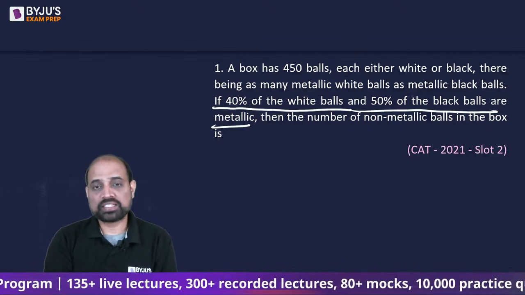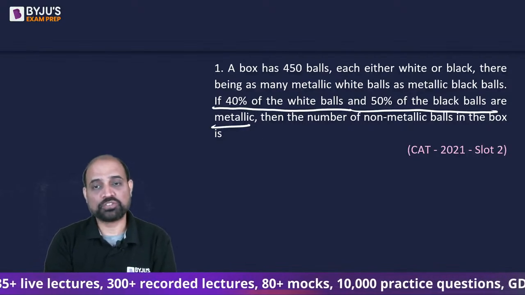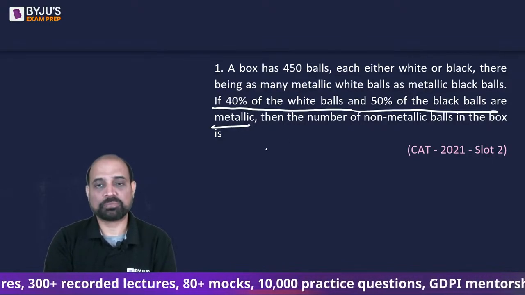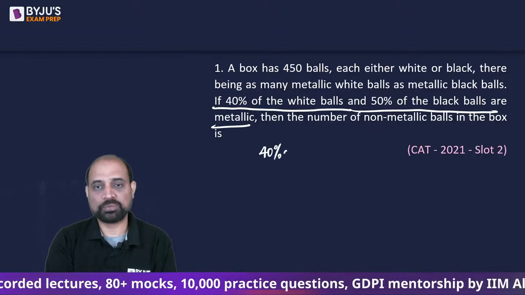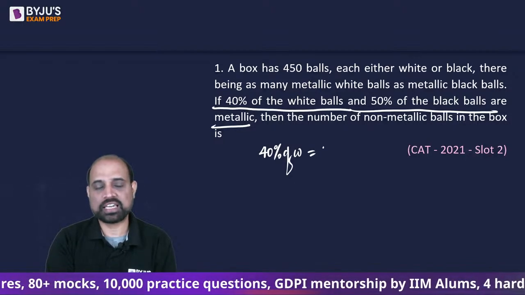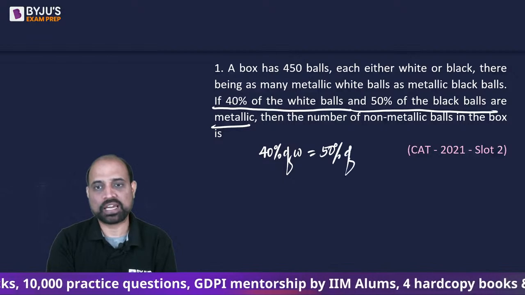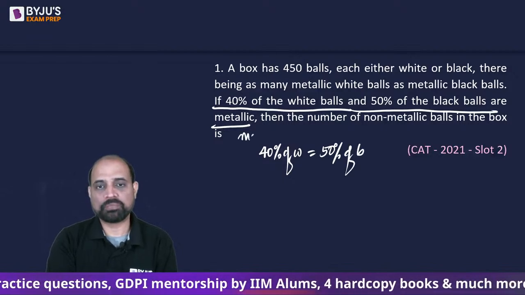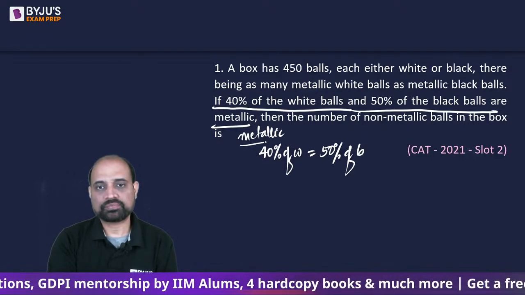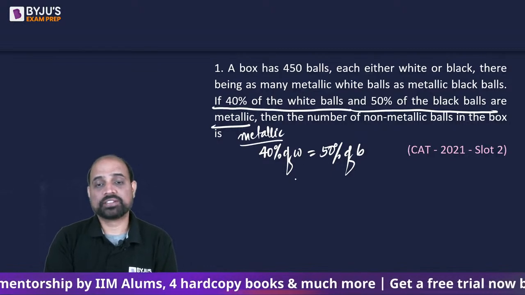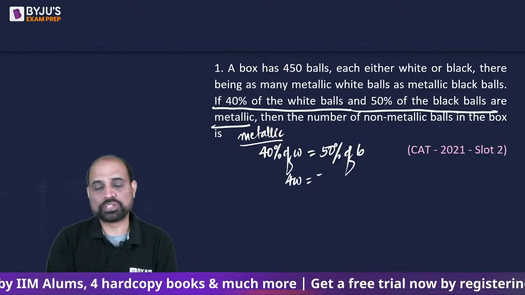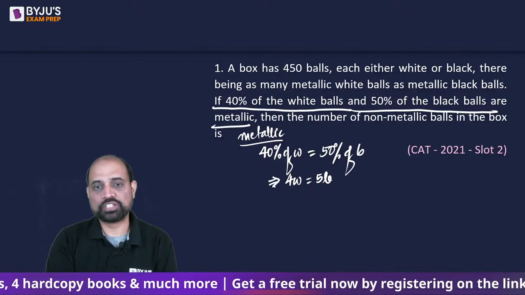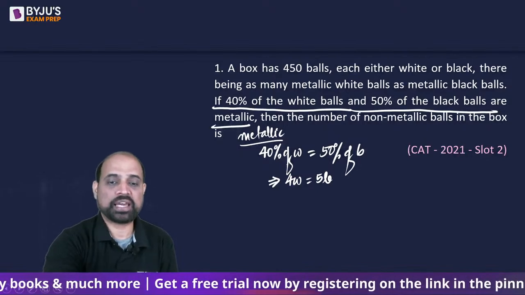So the first part is given as 40% of the white balls and 50% of the black balls are metallic. So we can write 40% of white balls is the same as 50% of black balls. And we are talking about metallic balls, right? From here, you will get 4W is equal to 5B, as in 4 times white is equal to 5 times black.